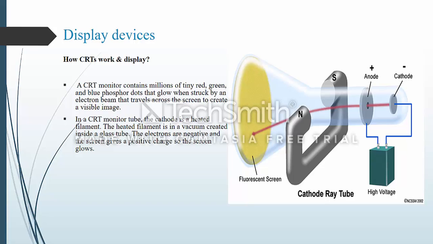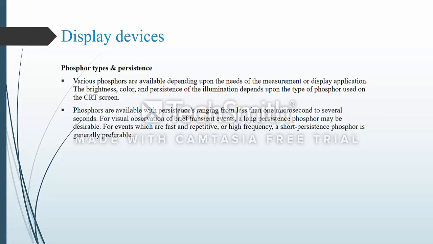When the high velocity electron beam hits the phosphorescent screen, light is emitted from it. The property of phosphor to emit light when its atoms are excited is called fluorescence. Basic applications of a CRT are: they are used in cathode ray oscilloscopes, display devices in radar, in televisions, and in computer monitors.